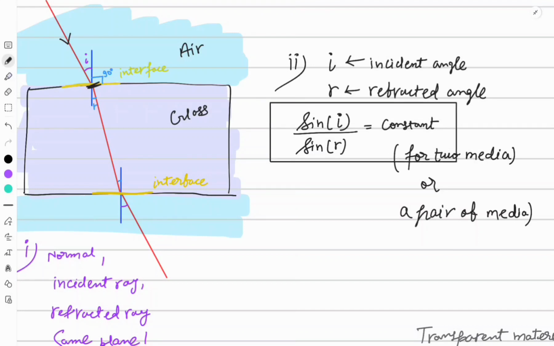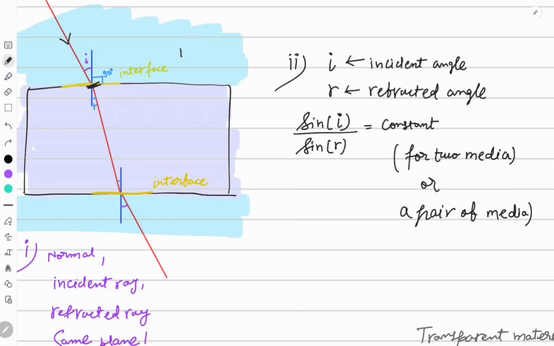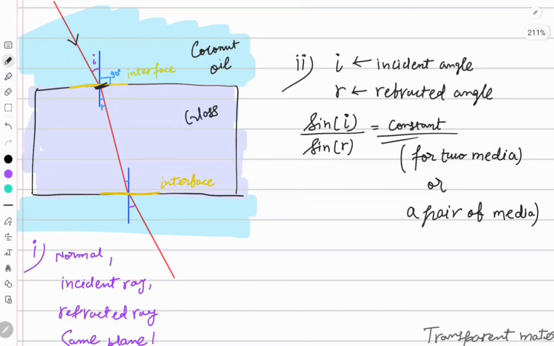Now, it is only constant for a given pair of media. Let's say I replace air with, I don't know, coconut oil, which is also quite transparent, and let's say it's glass only. Then the constant will change, and the value of R will change.